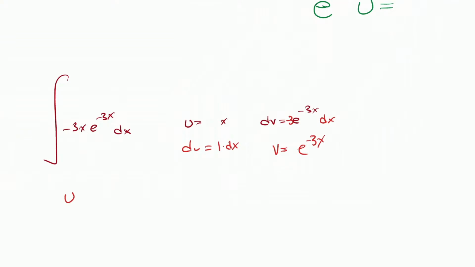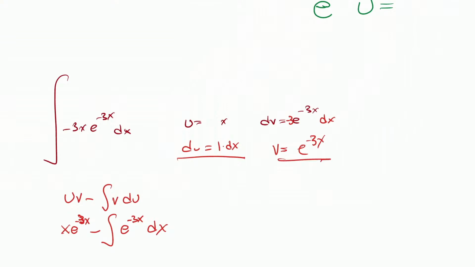Okay, now I just do this. So it's u times v minus the integral of v du. And so this is going to be x e to the negative 3x minus the integral of v e to the negative 3x dx. So that's v du. Okay, almost done. So that's going to be x e to the negative 3x plus 1/3 e to the negative 3x.